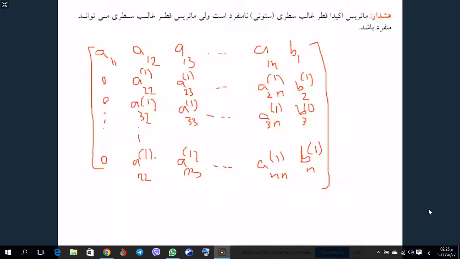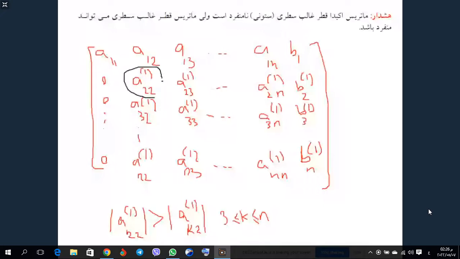I want you to show A22 in the first phase, in absolute mode, is bigger than all AK2 in the first phase for K between 3 to N. That means it is a maximum between all of these.